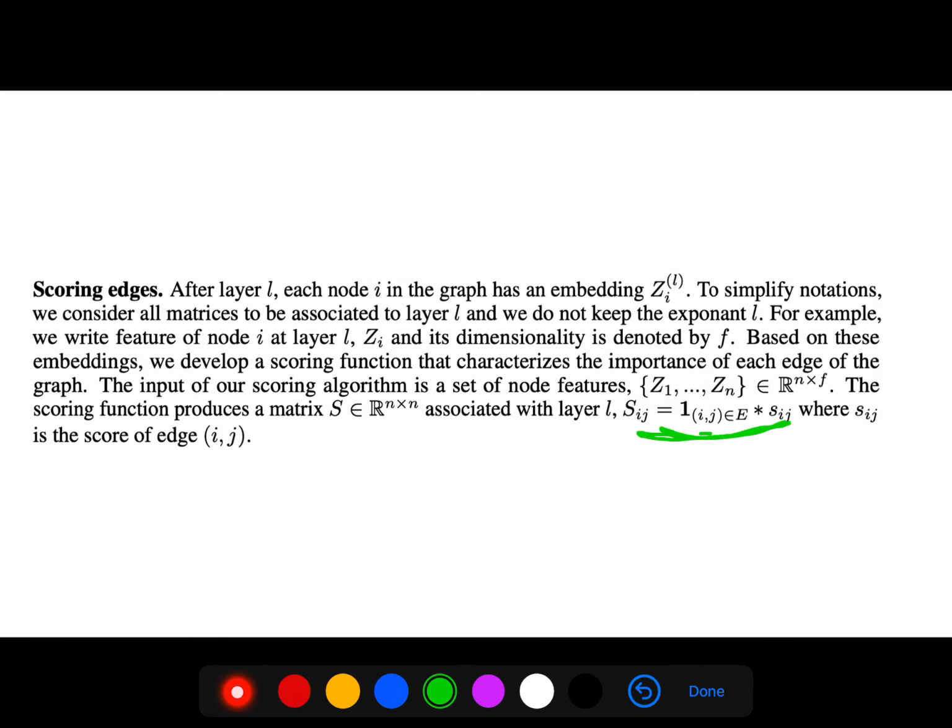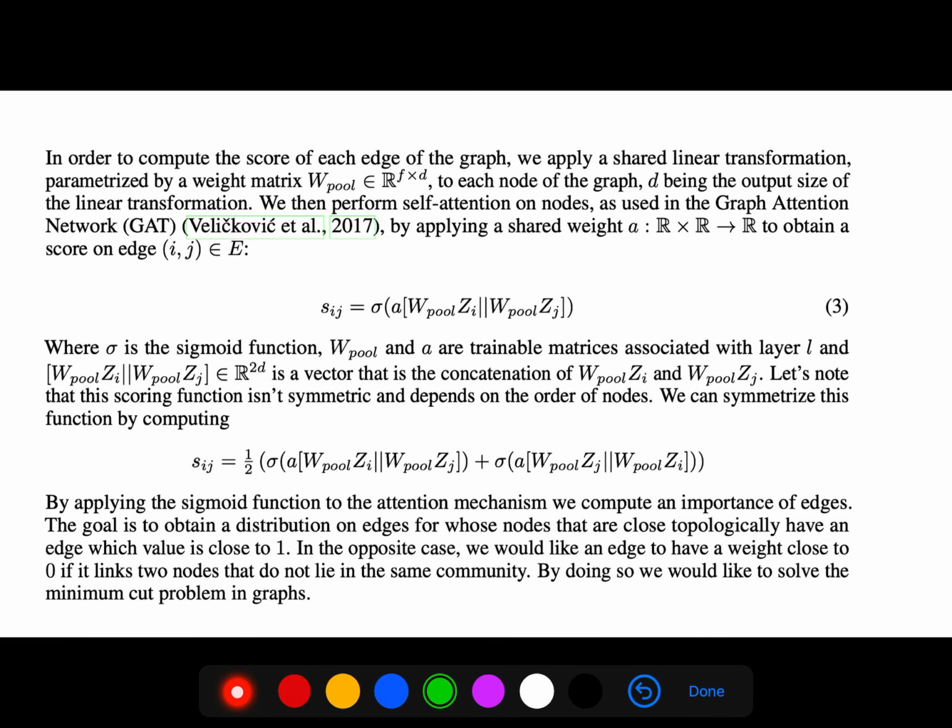This is the scoring mechanism. So what is this S sub ij? First they define it like this, then they notice, what if we want to be agnostic to the direction of that? Because an undirected edge is both of them, so we try to make it symmetric. So we are symmetrizing it.